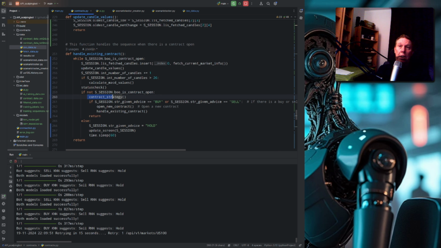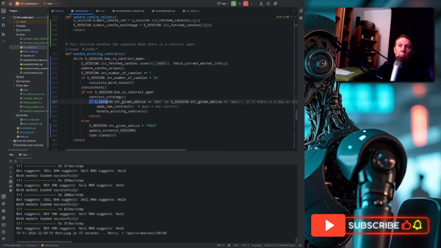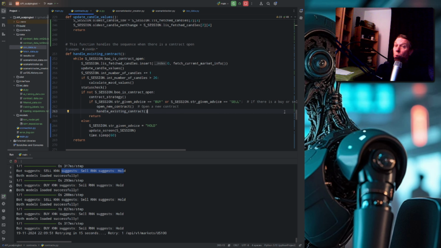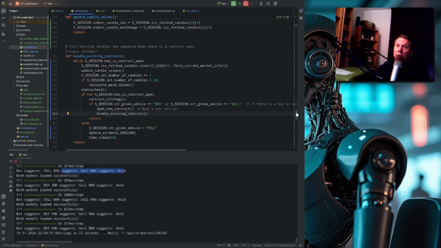Then still check the contract strategy. Look for whether there is a new possibility to open a new contract right away at that moment. And you see that this is followed by: if the session is given advice of buy or sell, open a new contract. Those were the changes of yesterday and today.